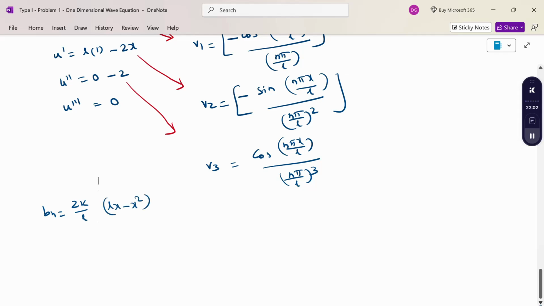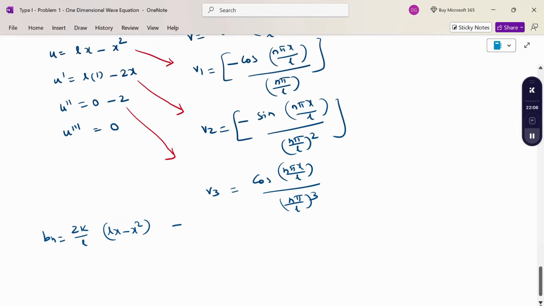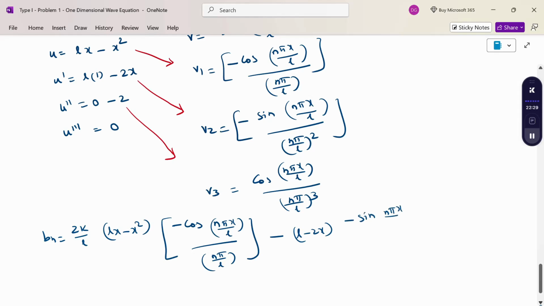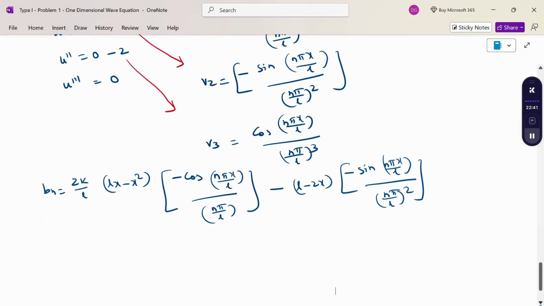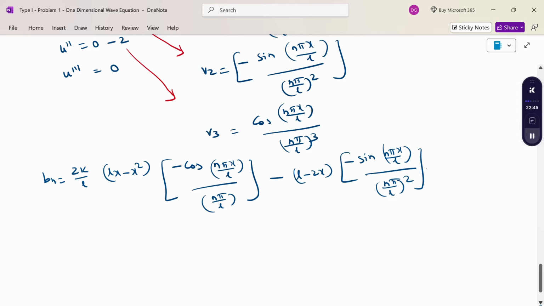Then v1 is nothing but minus cos n pi x by L by n pi by L. So this is the formula: u v1 minus u dash, L minus 2x, into v2, minus sin n pi x by L by n pi by L square, plus u double dash v3, so minus 2 into v3, cos n pi x by L by n pi by L whole cube.